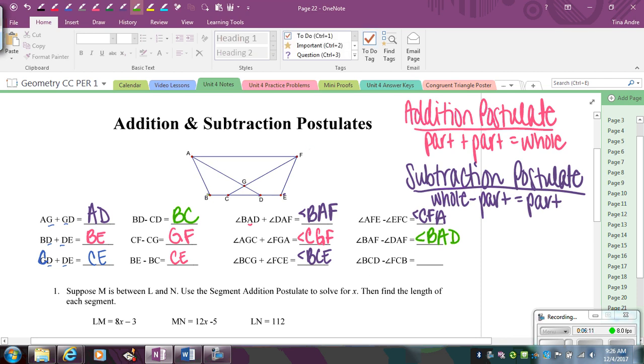So angle BCD is this straight angle here. And we're going to remove FCB. So we're removing this section right here. So what I'm left with then is this wedge over here. So I'm left with angle FCE.